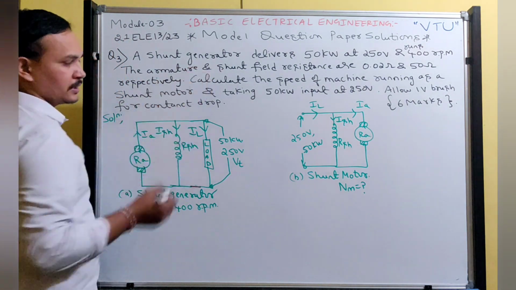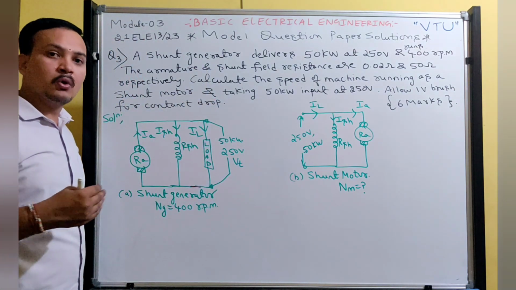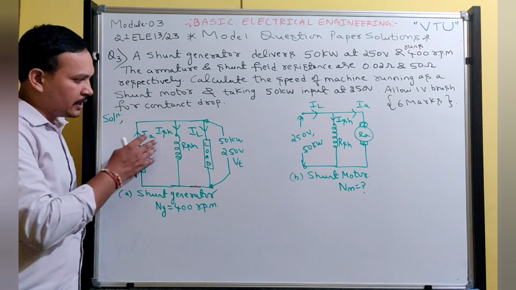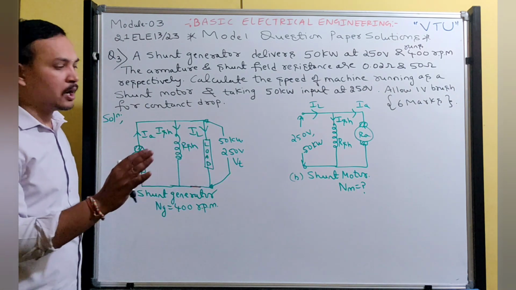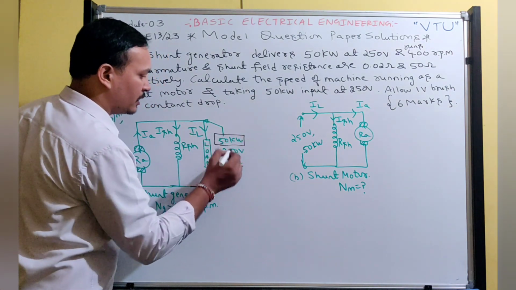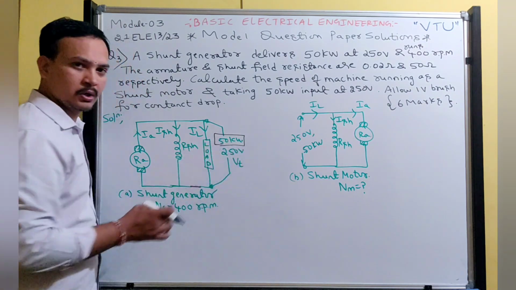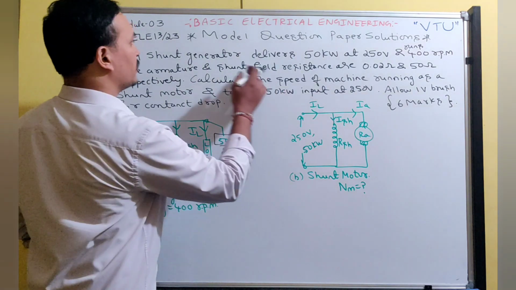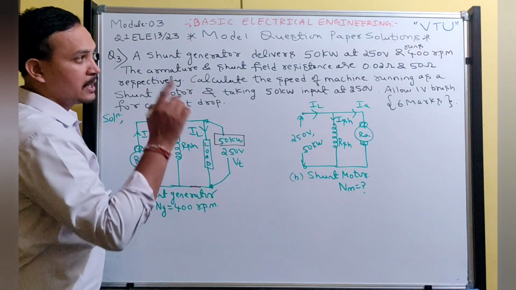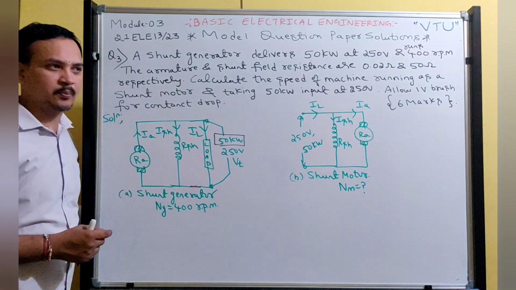A shunt generator. What do you mean by generator? Mechanical to electrical. Mechanical input is given to the generator and it produces electrical output. How much output is it producing? It produces 50 kilowatt at a terminal voltage of 250 volts, and runs at 400 rpm.